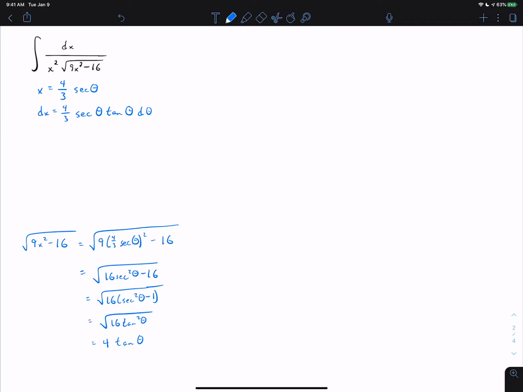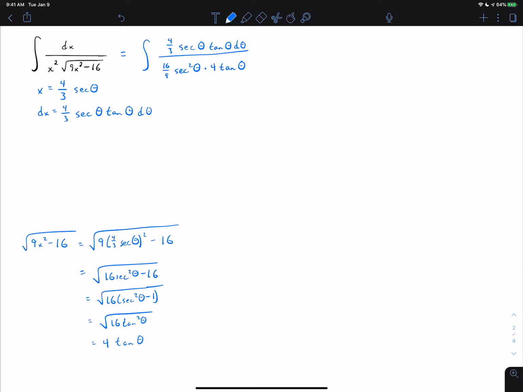Okay, so we go back to the original problem. We fill in dx on the top. So the dx on the top is 4/3 secant theta tangent theta d theta. The x squared on bottom becomes 16/9 secant squared theta, just because I went ahead and squared that. And then the square root gets replaced with 4 tangent theta.